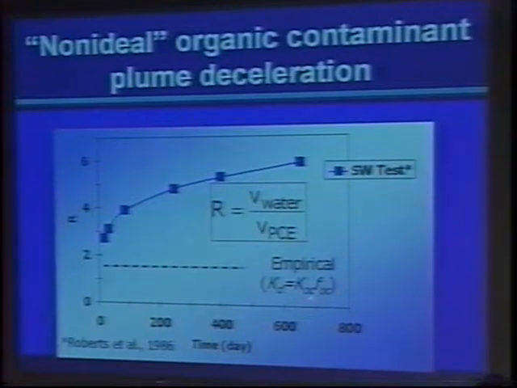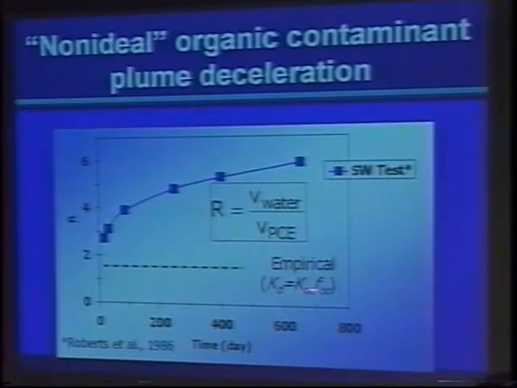This is a tabulated value, and the value I've used here is just from an EPA listing. And we can predict a KD and then predict a retardation factor from that. That's the typical model that we use when we use many of our existing contaminant transport models for organic pollutants. And it predicts a retardation factor of about 1.5.